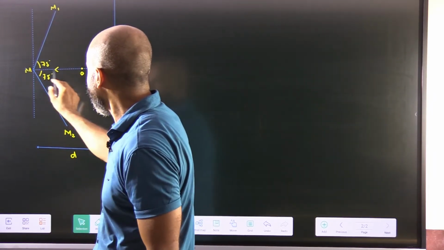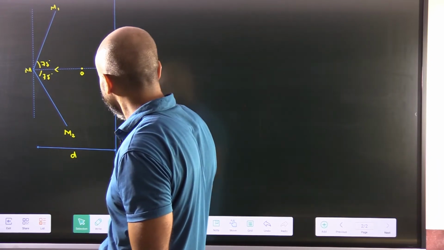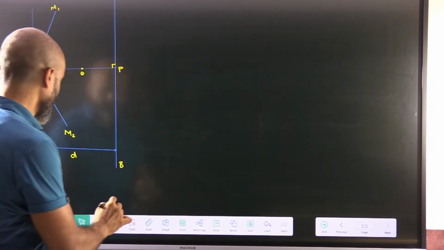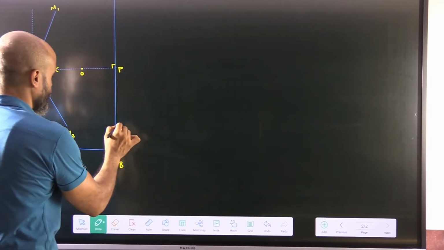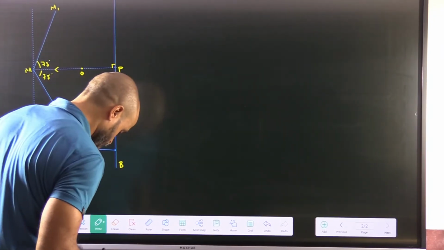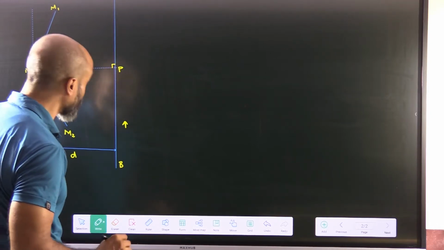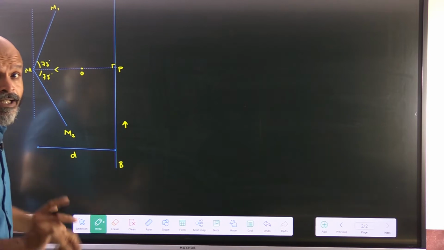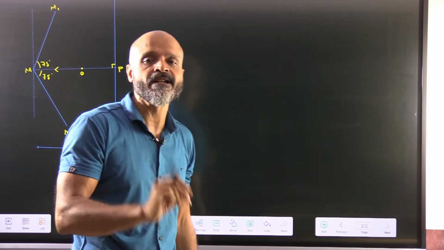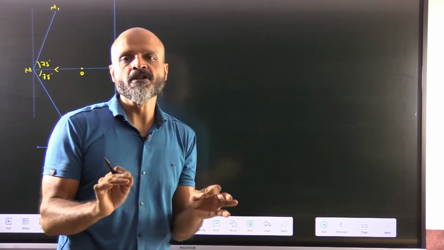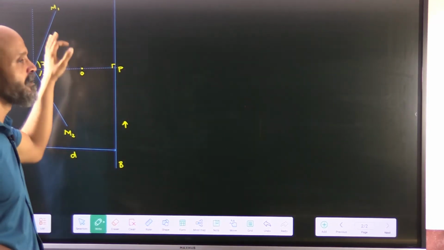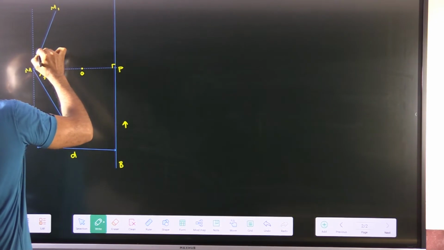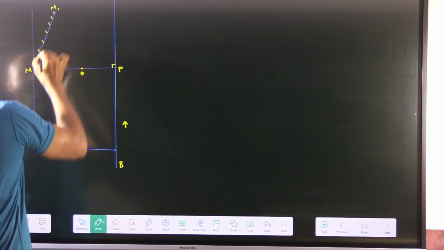This MOP is perpendicular along this line, and a person is walking along this line. You have to find the distance along which this person will be able to see two distinct images of the object. To avoid confusion, we will make this the mirror surface.